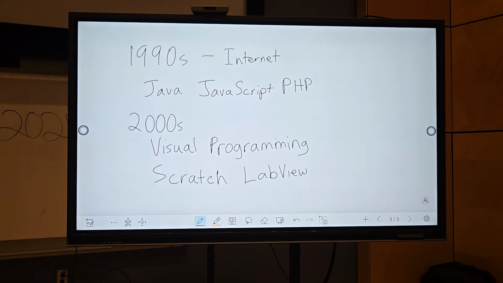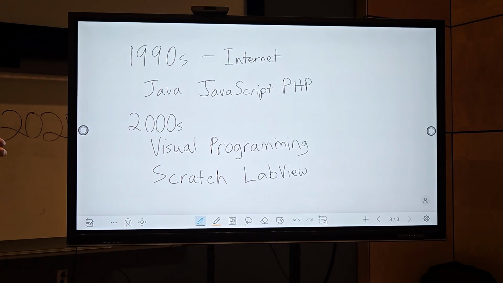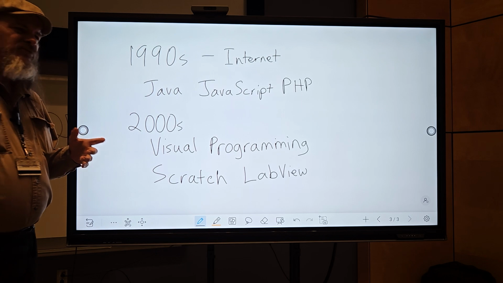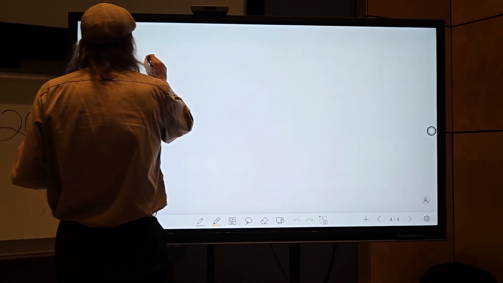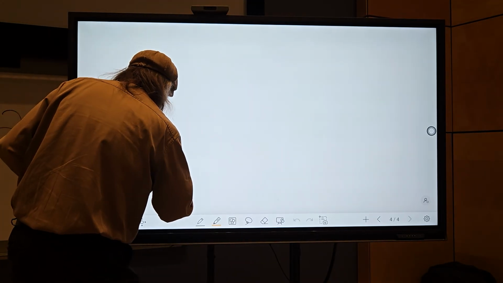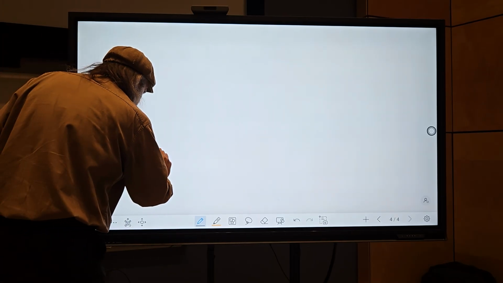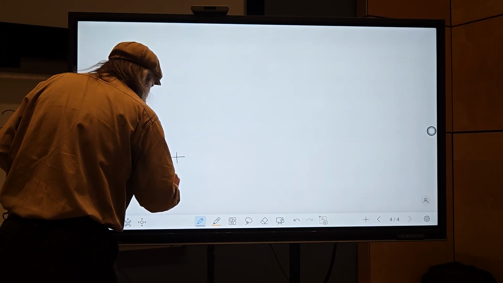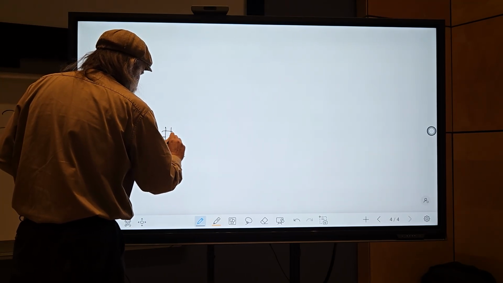But now high-level languages come in different levels of highness. You have the lower levels like C. C++ is slightly higher than that. A language I like to use, C#, is a little bit higher than that.